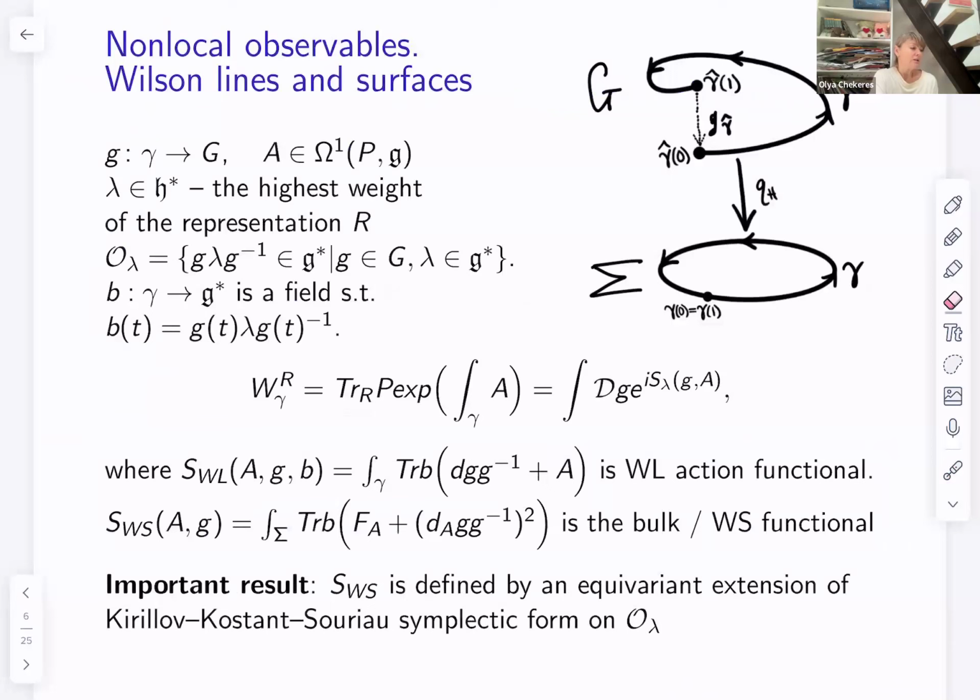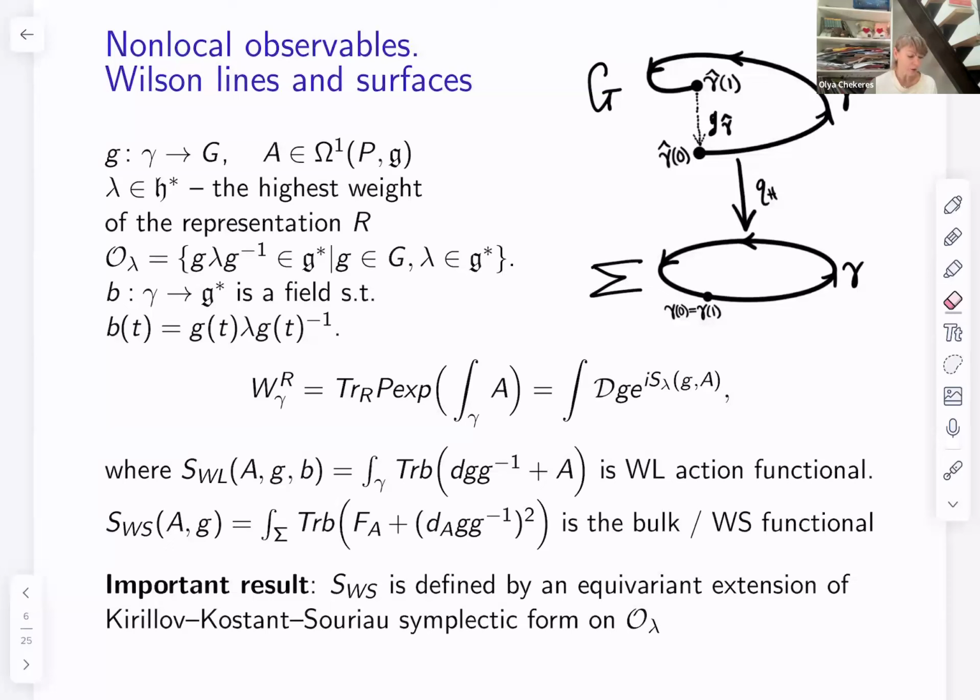And then, another presentation for the Wilson line partition function was given through path integral quantization of a symplectic phase space, and coadjoint orbits are symplectic spaces.